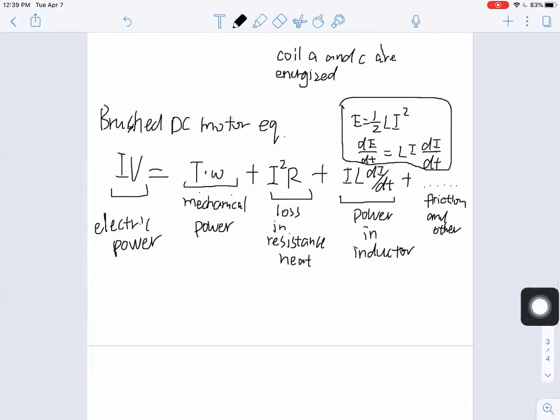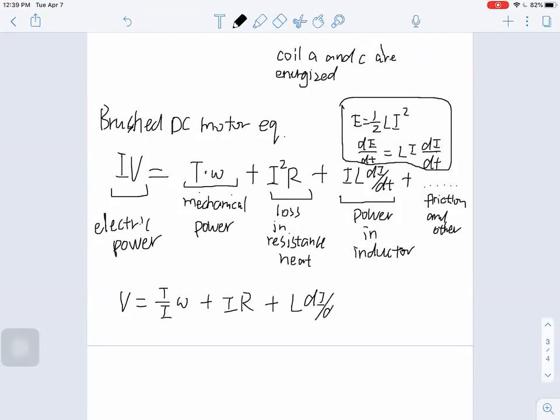Okay, now we have the most basic brushed DC motor equation. If we divide the equation by current, then we can write it with just voltage on one side. The other side, we have T over I omega plus IR plus IL dI/dt.